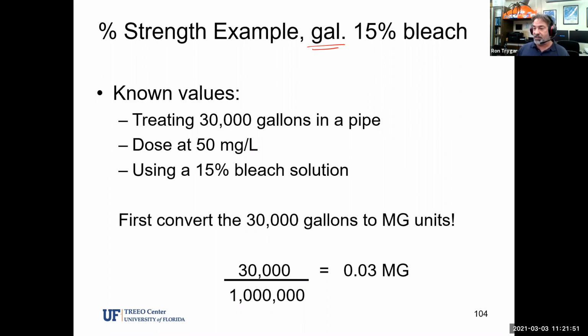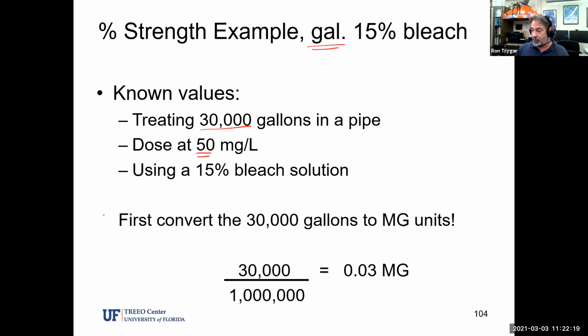We're going to dose this again at 50 milligrams per liter, and we're using 15% bleach. The question's asking us how many gallons would be needed of this bleach to achieve this dose. That's the key factor. We need that dose. So first things first, 30,000 gallons in the pipeline doesn't fit the pie chart, doesn't fit the formula. Remember, we're trying to go to million gallon units.